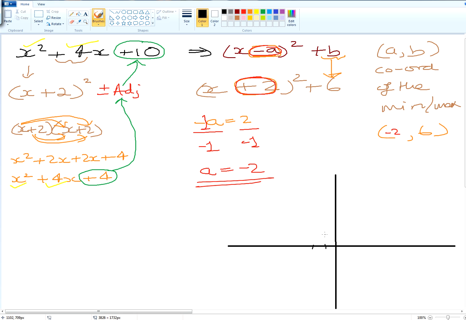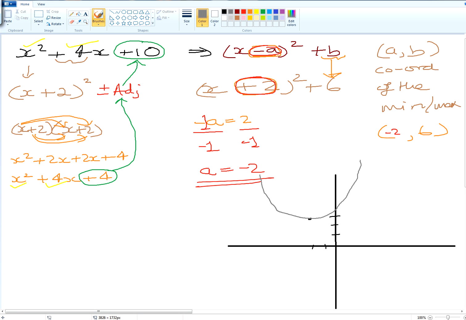So minus 2 along the x and 6 along the y. So our graph is going to look something like that, for example. Is that the minimum? That would be the minimum, yes.